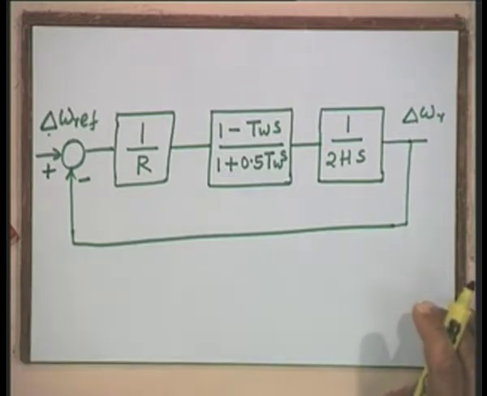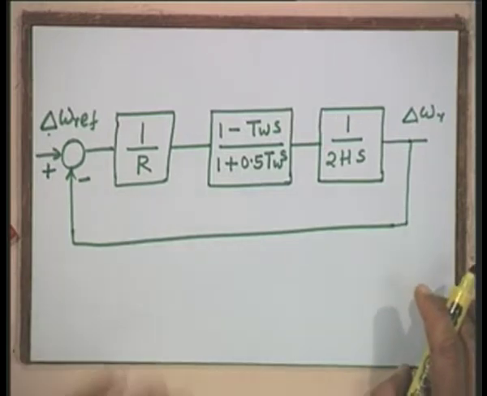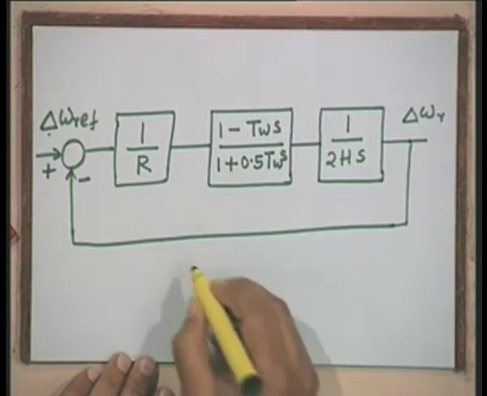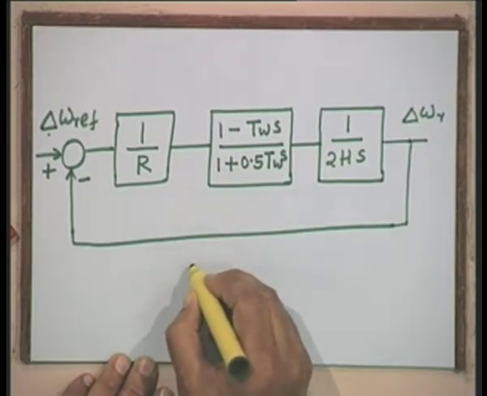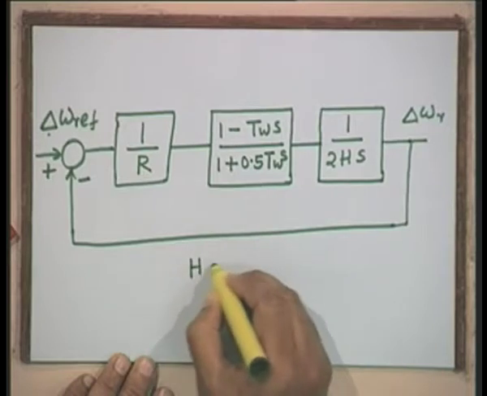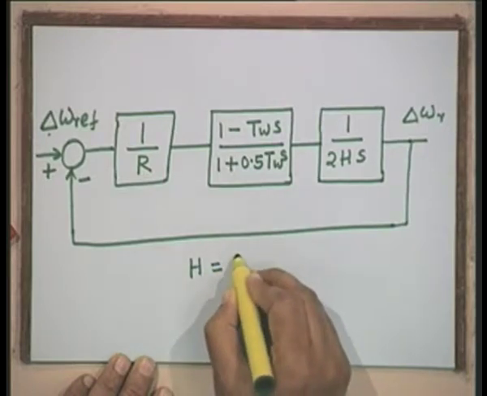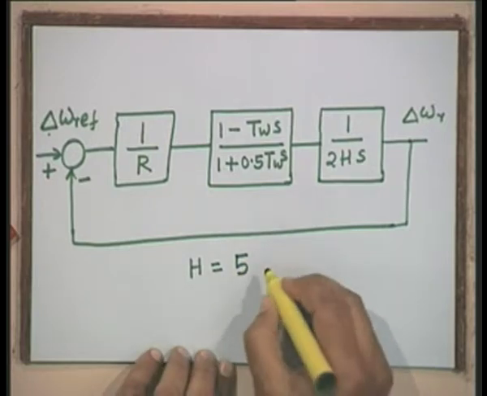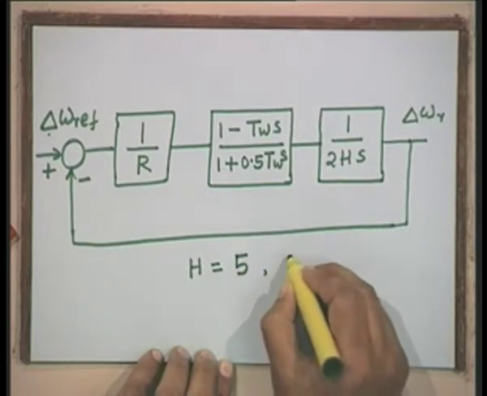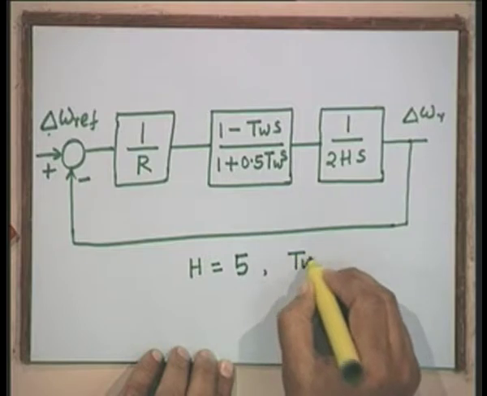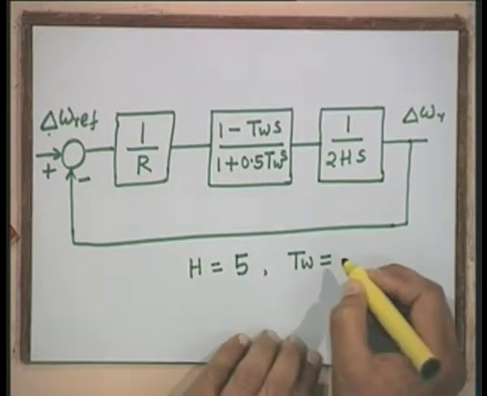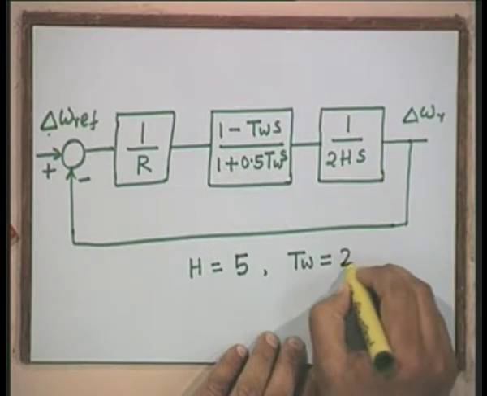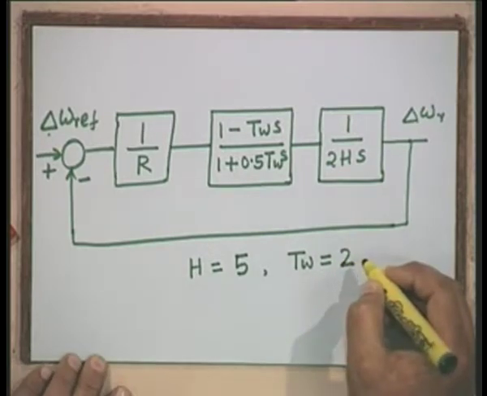Now, to analyze the stability of this system, we will consider H equal to, say, 5. Let us take T_W equal to 2.